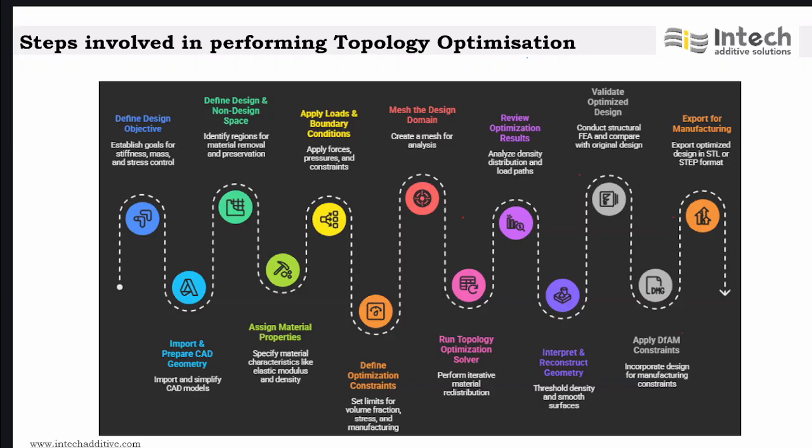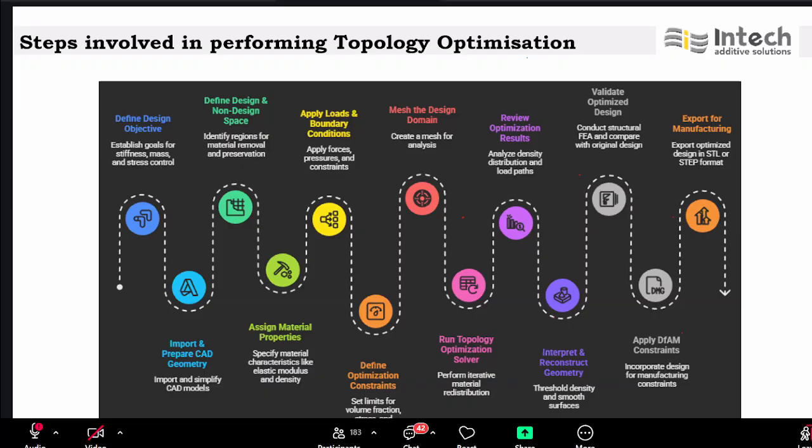And then meshing. Meshing is very important, like how do you mesh the part for the static structural analysis to be performed. In that, we would know the regions that are subjected to lower stress and the regions subjected to higher stress. We try to calculate the sensitivity, and based on the sensitivity, we try to remove the material and finally come up with the optimized results.